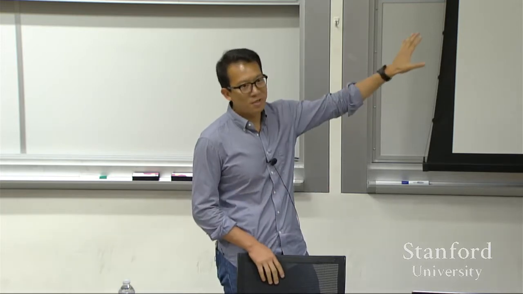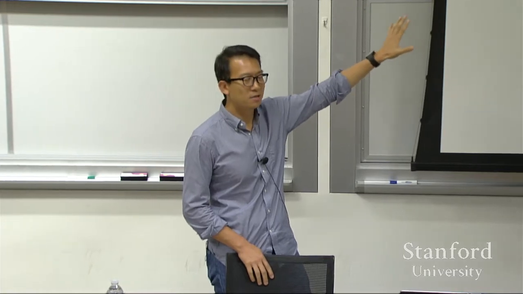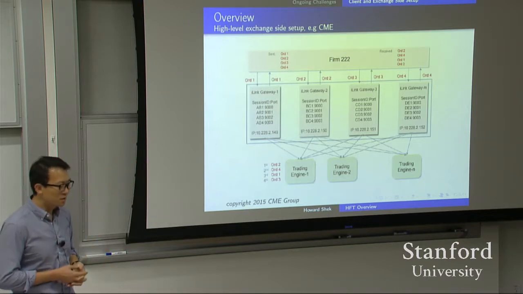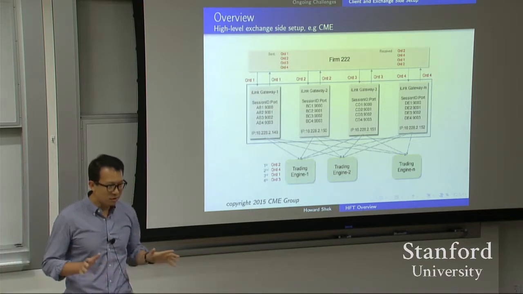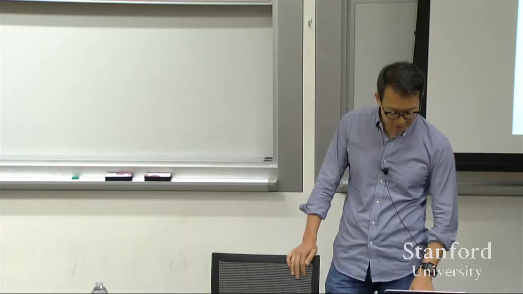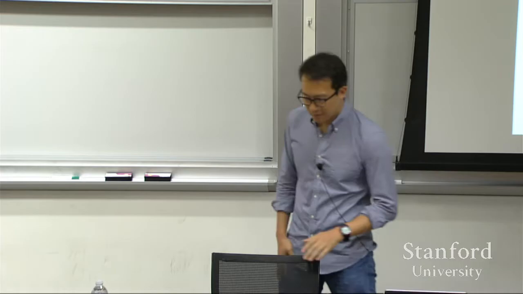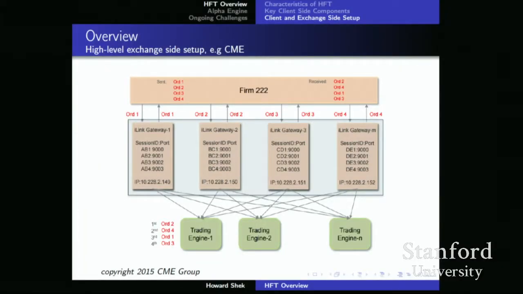That then gets processed by the book building engine, and a new book state is then constructed based on the result of the matching process. Right. Any questions?